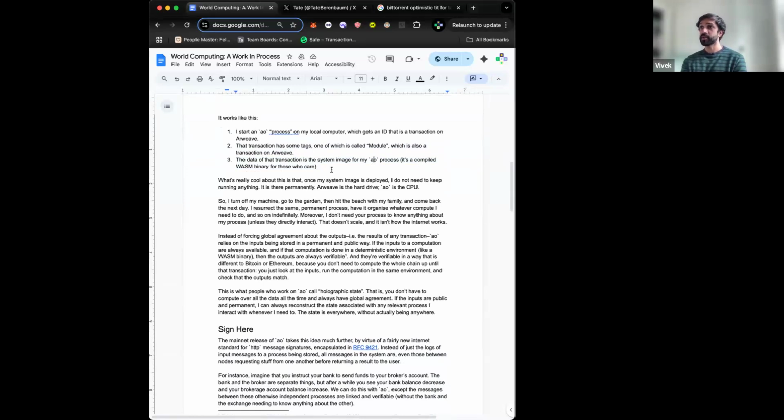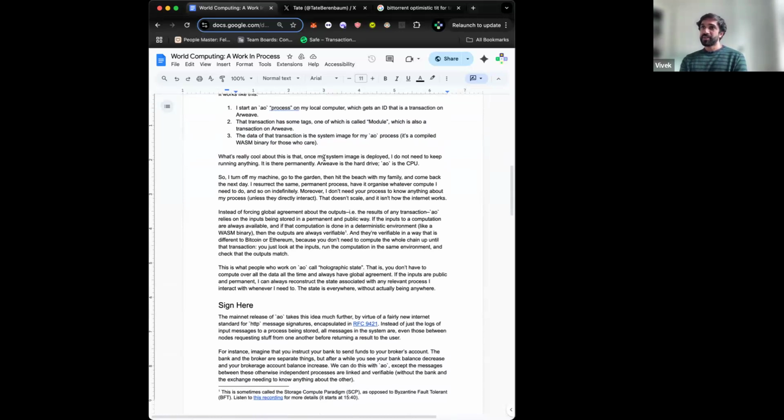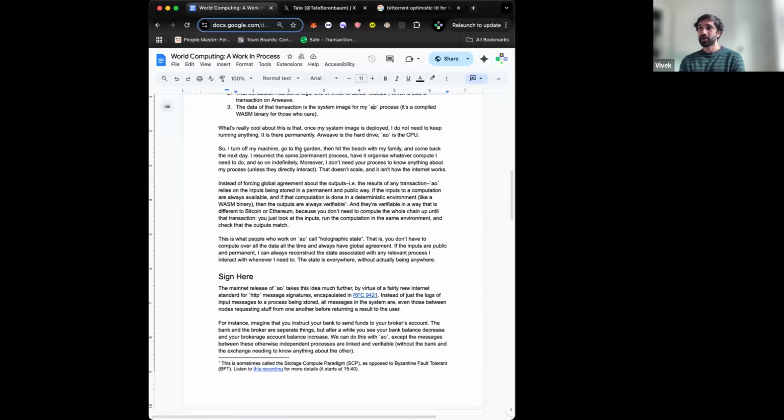It's a compiled POSIX binary. What's cool about this is once my system image is deployed, I do not need to keep anything running. It's there permanently. Arweave is the hard drive, AO is the CPU. I turn off my machine, go to the garden, hit the beach with my family, come back the next day. I resurrect the same permanent process, have it organize whatever compute I need to do.